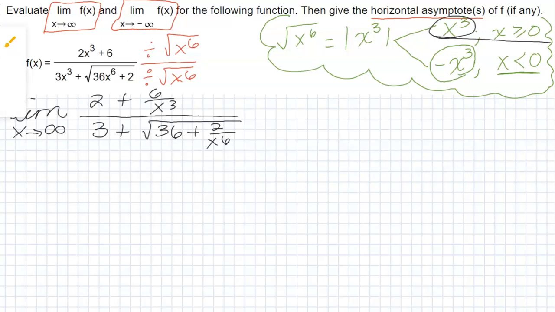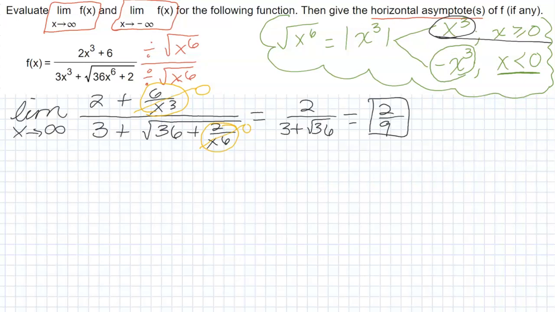And then when x goes to infinity, this is 0, and this goes to 0. So all you have is 2 on the numerator, and 3 plus square root of 36 on the denominator. Square root of 36 is 6, so you have 2 over 9. Nothing fancy there.